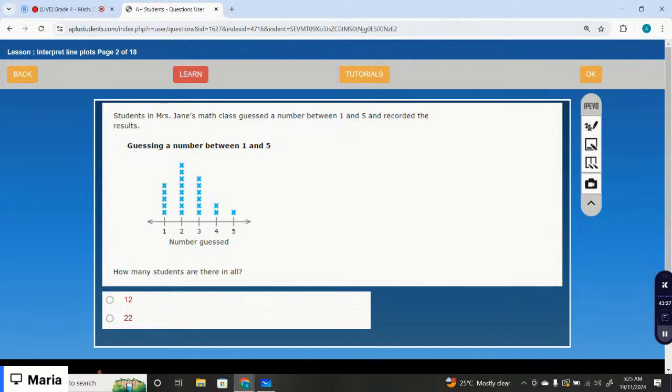Students in Mrs. Jane's math class guessed a number between 1 and 5 and recorded the results. How many students are there in all? You need to calculate the total students. So which is the correct option?